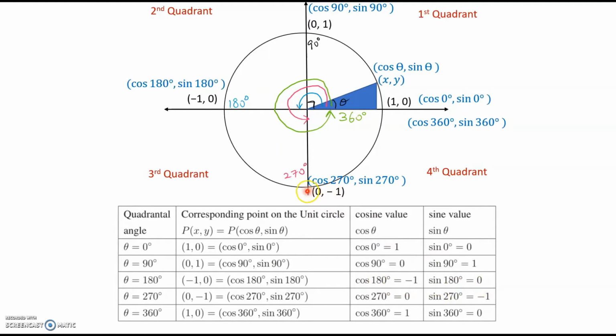Similarly, applying the same concept to 270 degrees, your coordinate will be 0, minus 1. And so your cos 270 will be 0, sin 270 will be minus 1. Similarly, cos 360 will be 1 and sin 360 will be 0. And this is also 0 degrees. So cos 0 will also be equal to 1 and sin 0 degrees will be equal to 0.